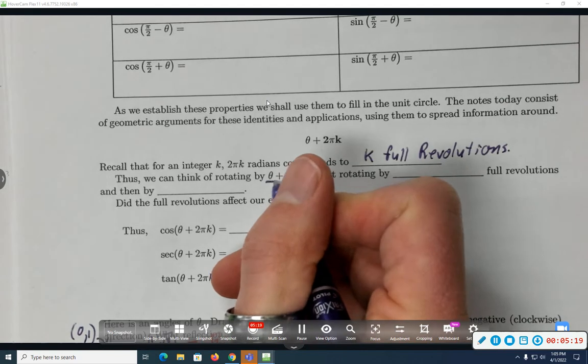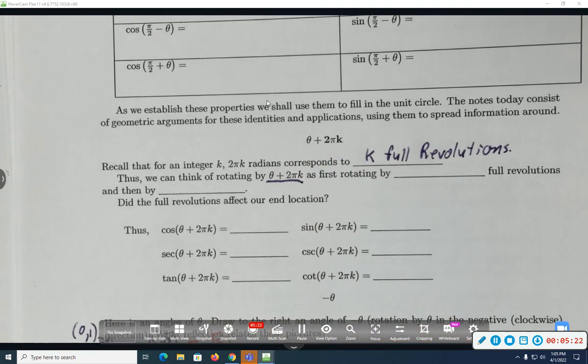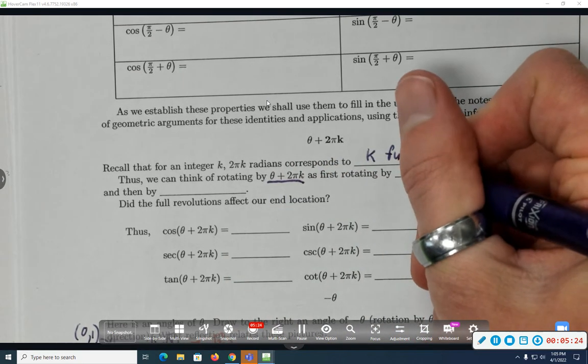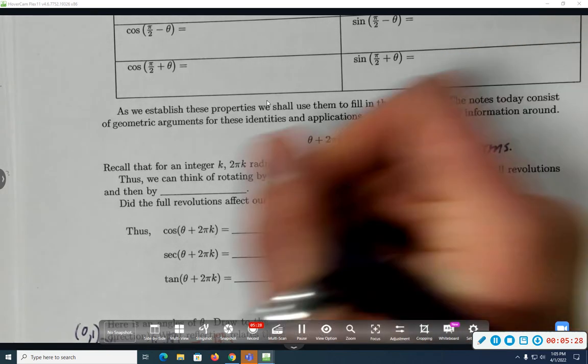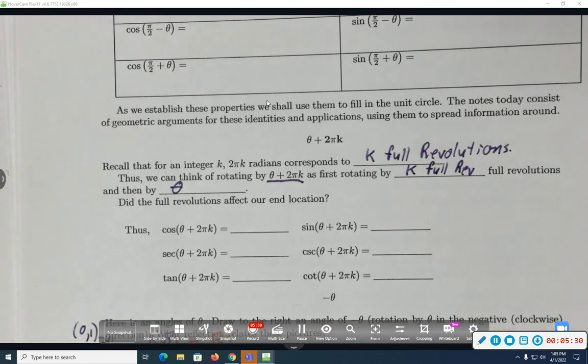So if you want to think about a rotation by theta plus 2 pi k, you can think of it by first rotating by k full revolutions, and then rotating by an angle of theta. So that means, what's the instruction? Start at 1, 0, go around the circle a bunch of times, now rotate by some amount. Do those full revolutions affect the xy value you land on?